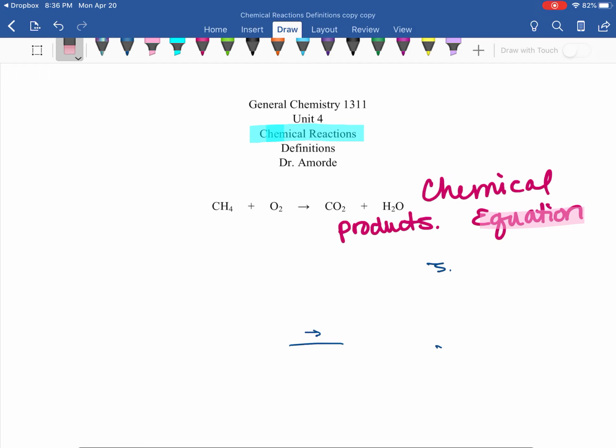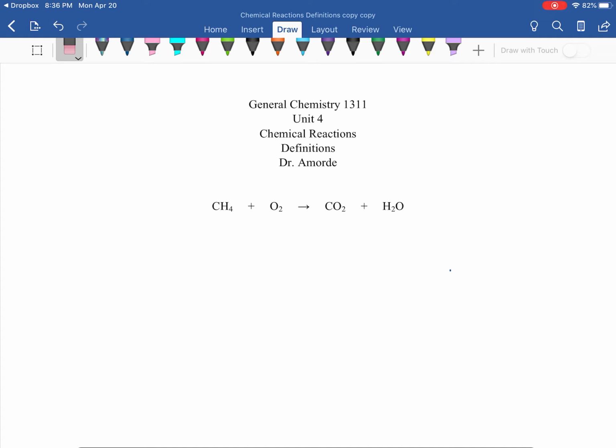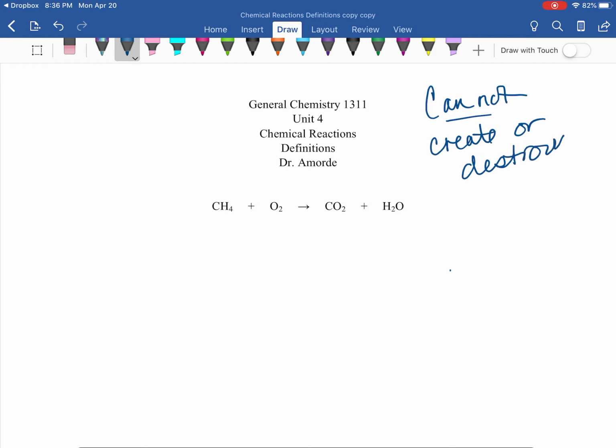So let's start. I'm going to just take a second and erase this. So if you need a screenshot for a second, I am going to add a little bit more information here. We've got a couple laws to the universe we've got to tackle. One of those is that we cannot create or destroy matter. This one is really important.